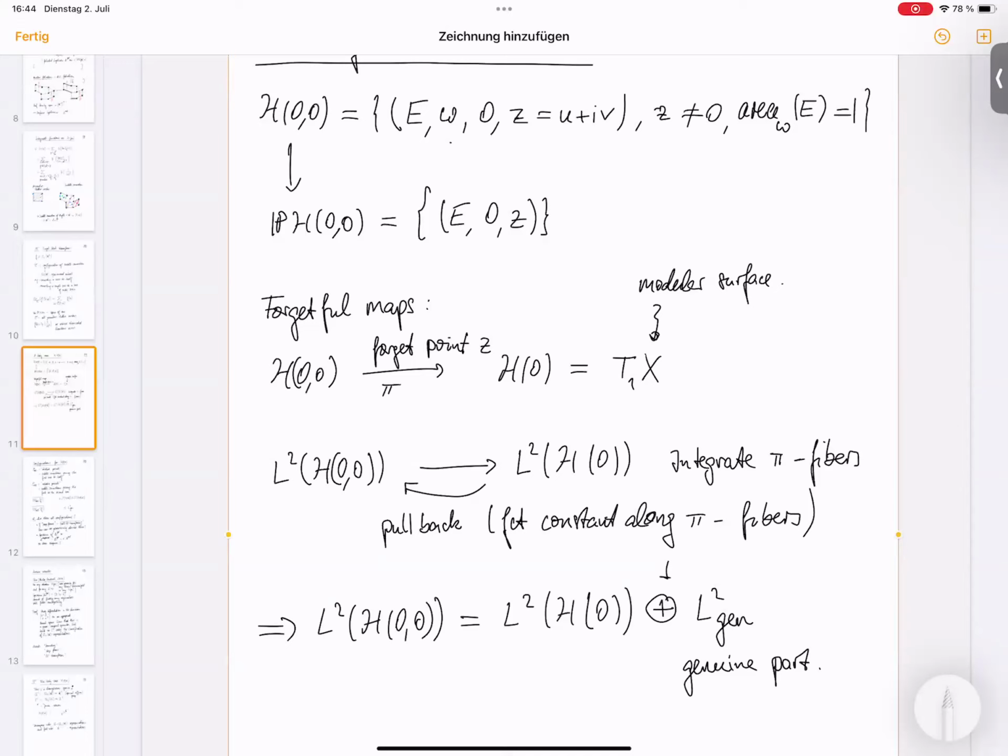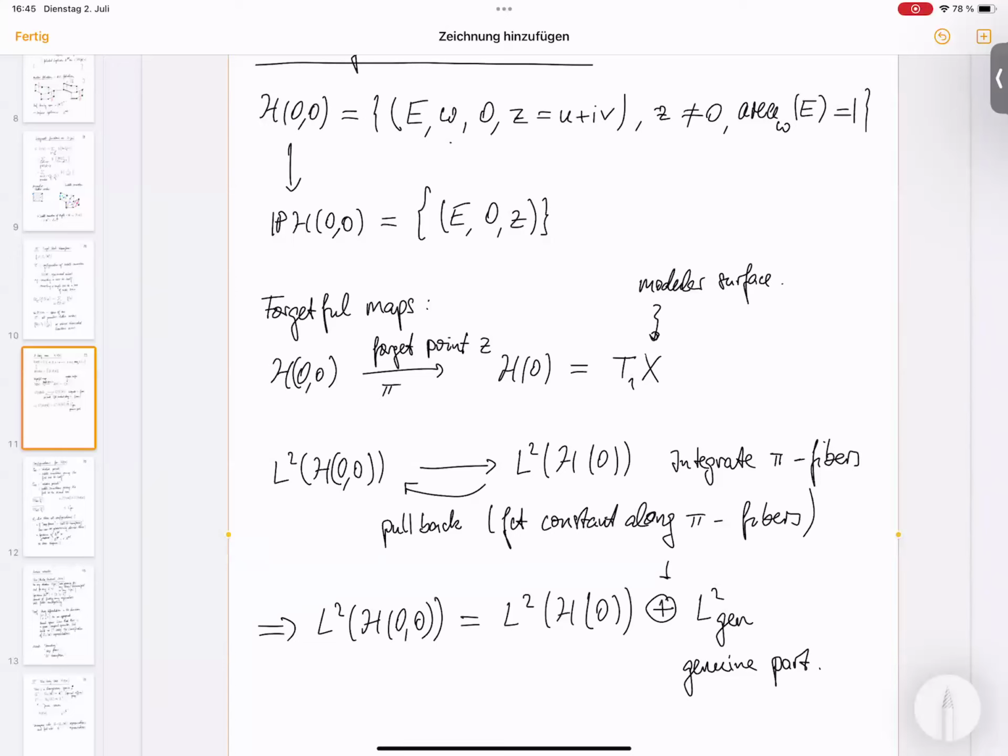Namely, I can integrate along the fibers to get a map from the L2 space of my H00 stratum to the L2 space of the modular surface. And by pulling back functions, so that they are now constant along the fibers, I get a map in the converse direction.